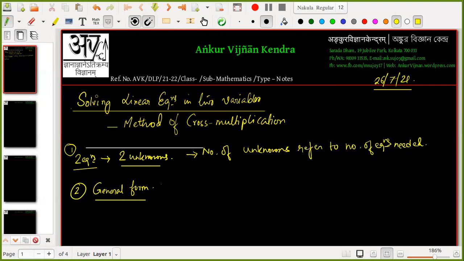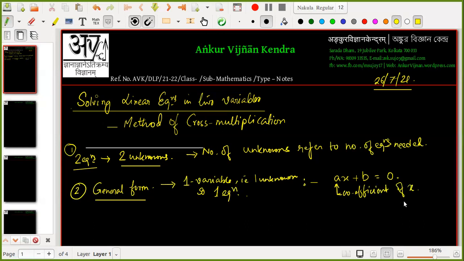So what we find, if it is like one variable, that is one unknown, so one equation, then the general form was ax plus b equal to 0, where this a will be referred to as the coefficient of x with positive sign by default, and b is going to be the constant term, again with positive sign by default.